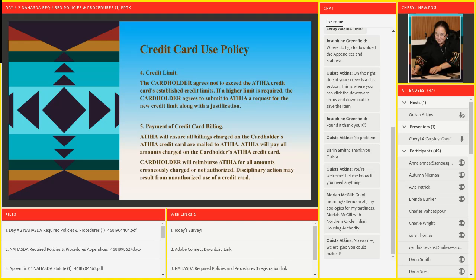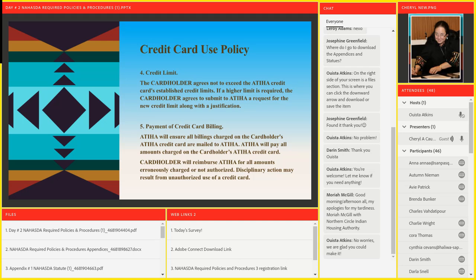Credit limit. The cardholder agrees not to exceed the credit limit established. If a higher limit is required, the cardholder agrees to submit to ATIHA a request for the new credit limit along with justification. Payment of credit card billing. ATIHA will ensure all billings charged on the cardholder's credit card are mailed to ATIHA.